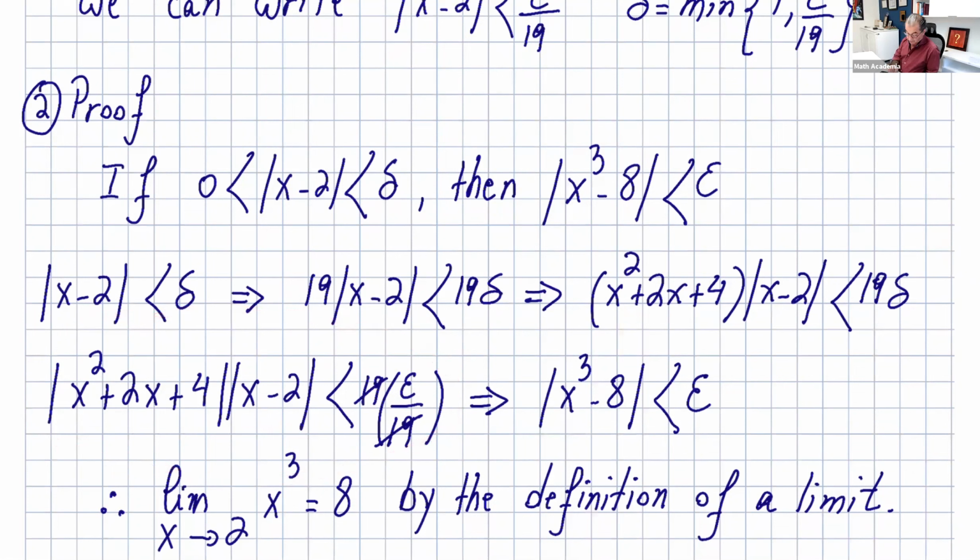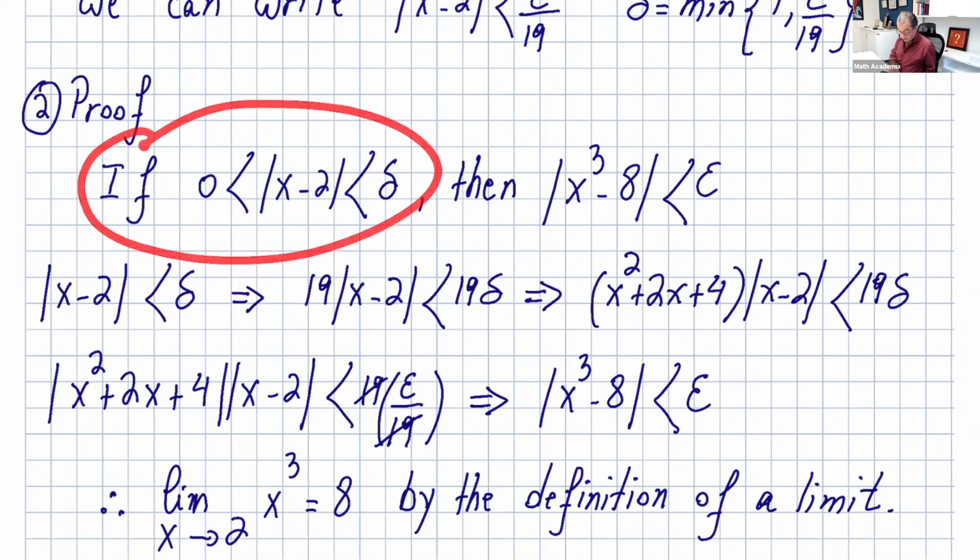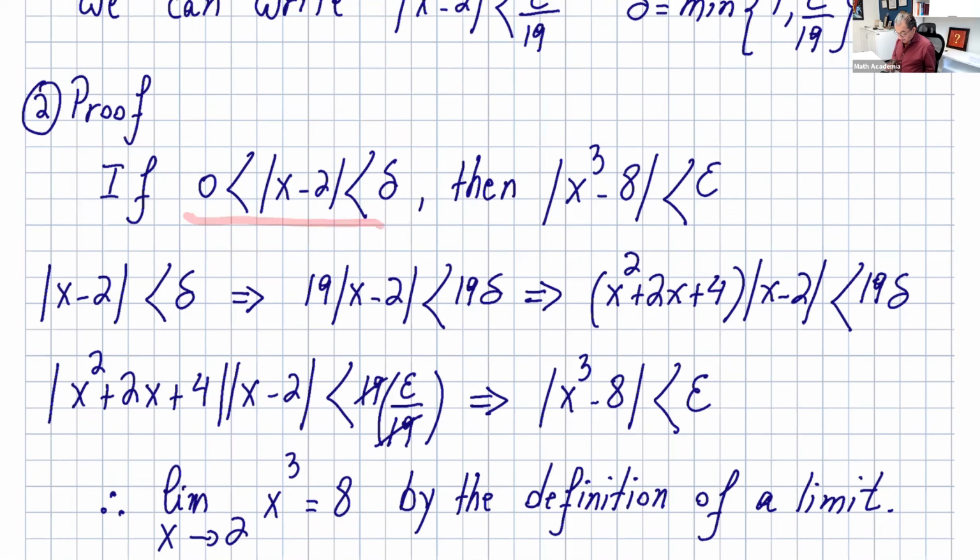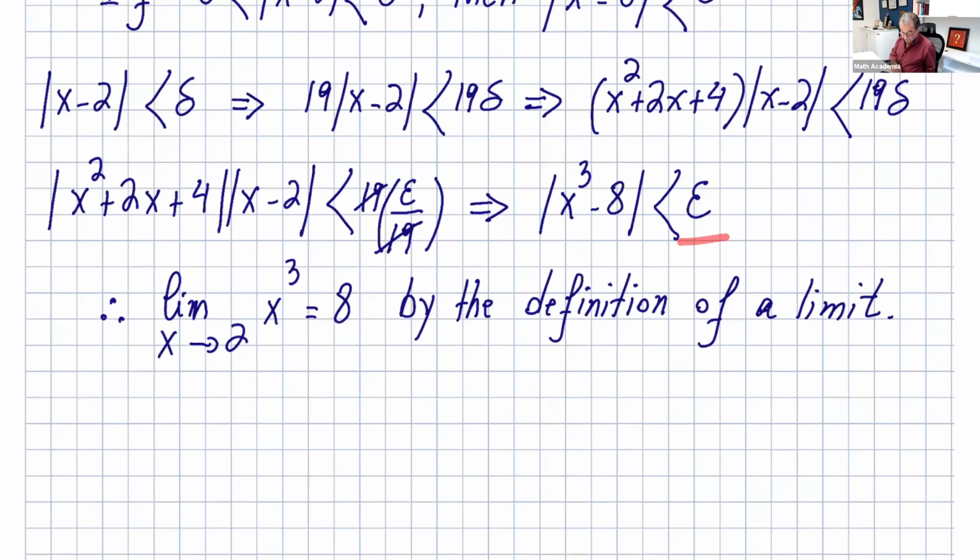So we started from here and we ended here, and each step implies the next step. So if the absolute value of x minus 2 is between 0 and delta, then the absolute value of x cubed minus 8 is less than epsilon. They imply each other. So therefore, you can say the limit is true by the definition of a limit.